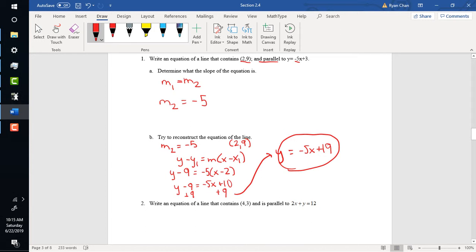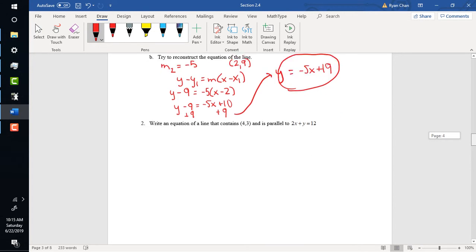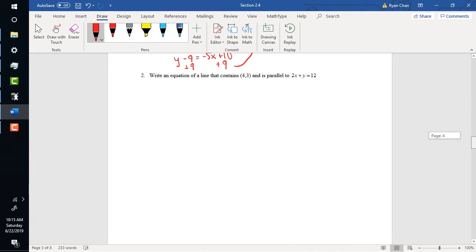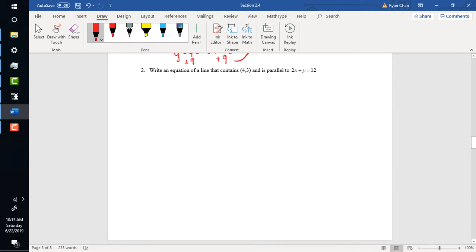Now, let's look at another example for parallel lines. This time it says write an equation of a line that contains (4, 3) and is parallel to 2x plus y equals 12. Once again, if your line is not in slope-intercept form, you must change it.